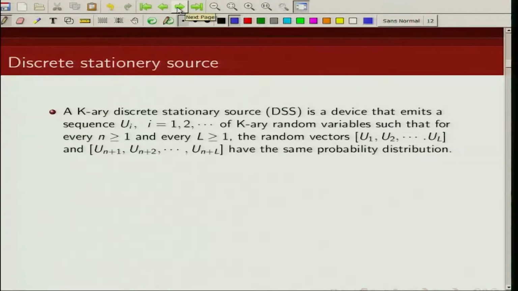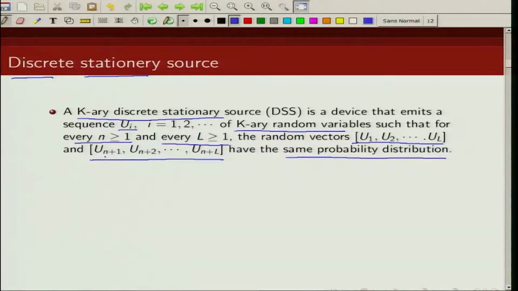So what is a discrete stationary source? As you can see, it's discrete and stationary. A Q-ary discrete stationary source emits a sequence U_i which consists of Q-ary random variables such that for every n greater than or equal to 1 and every L greater than or equal to 1, the random vector U1, U2, U3, up to UL and the random vector U(n+1), U(n+2), up to U(n+L) have the same distribution.